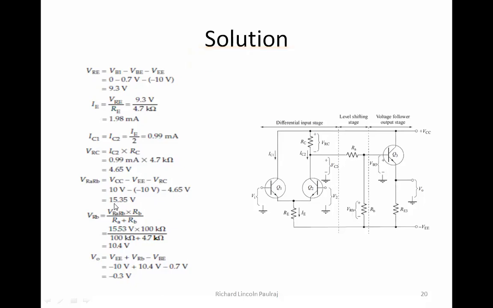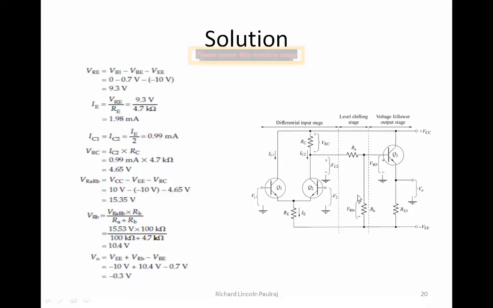Now individually I will find out VRB, based on my parallel concept. VRB is the total voltage VRARB, from this point to this point, into RB divided by the total resistance RA plus RB.